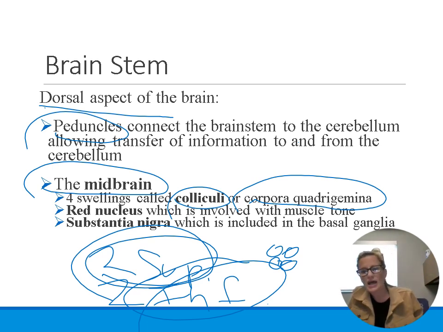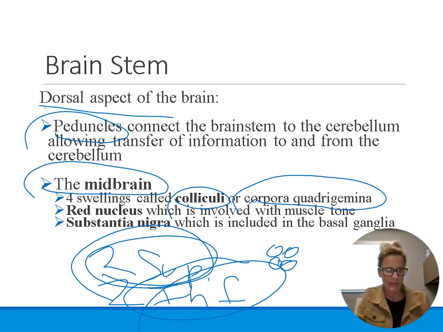The substantia nigra has dopaminergic neurons, and it plays a role in modulating movement. We talked about that a little bit when we talked about Parkinson's, but it has a role in modulating movement, and then it also has a role in reward. So like natural reward systems in your brain that make you more likely to do behaviors.